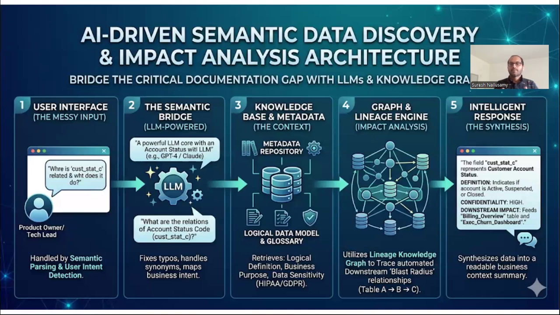Apart from that, it identifies the relationships using the graph. All this information is now fed into the LLM. The LLM will consolidate all the answers and provide the natural language response to the users.